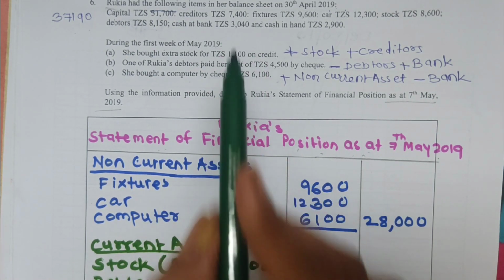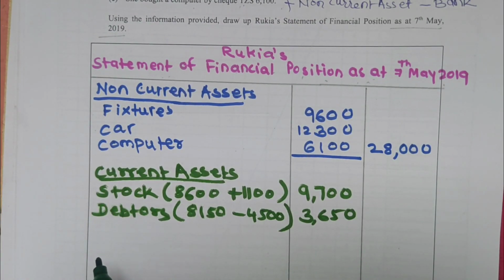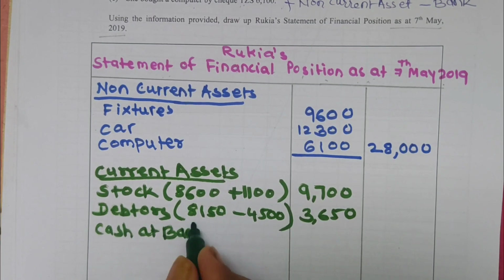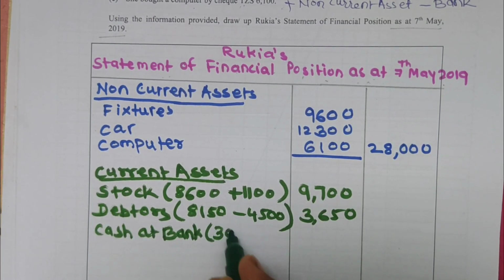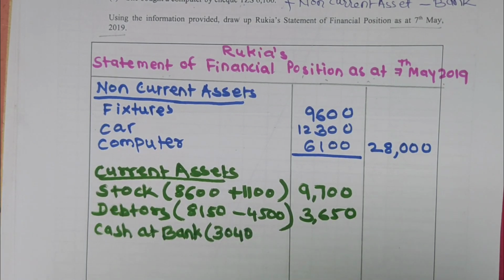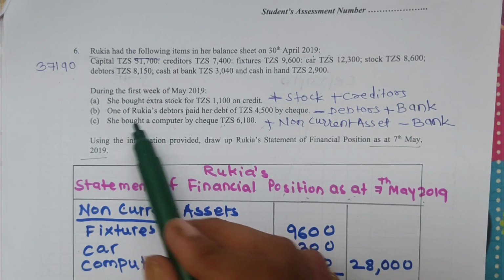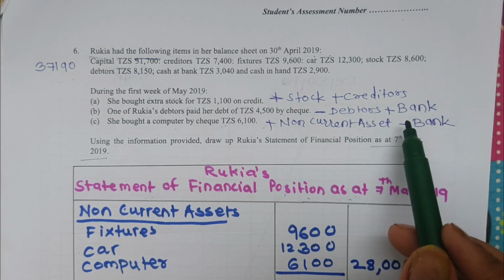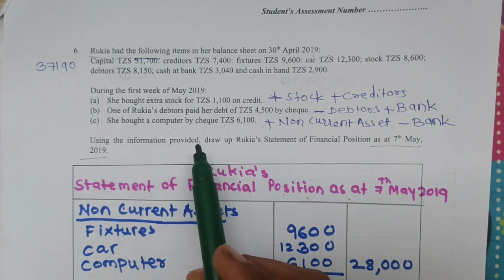After debtors, cash at bank is given 3040. See, here you can see. See students, when I am solving, give attention to the screen, what I am trying to show you, from where we are taking the item. So cash at bank is given 3040. Again I am writing in the bracket because there were these two effects. See, for adjustment number B, as I told, we have to add as one of the debtors paid by check, and adjustment number C, computer paid by check.